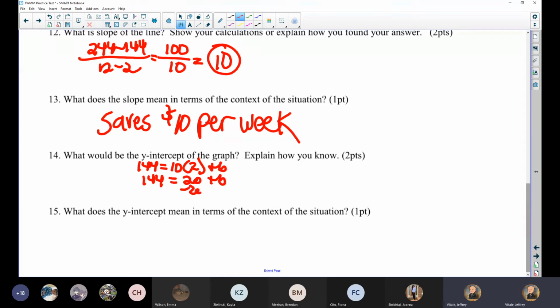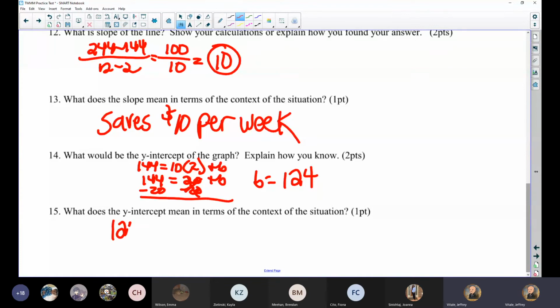And to get b by itself, I got to subtract 20. So b is, what's 144 minus 20? 124.